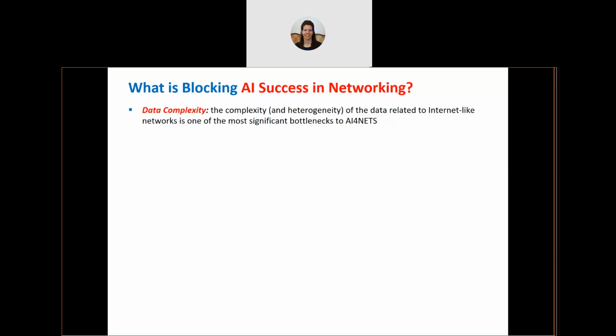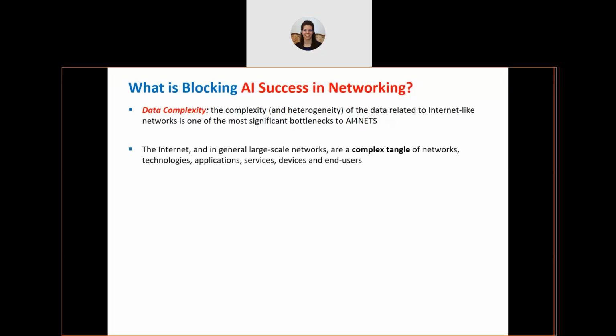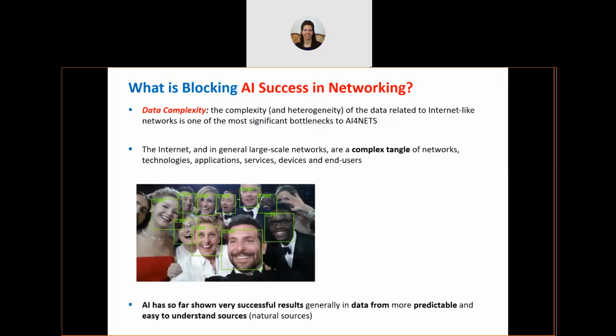So one of the things that I was talking about is the complexity of the data. As I was saying before, when we talk about large-scale networks, the data that we are analyzing is quite complex. I will try to do comparisons to more standard problems where AI is providing lots of success.